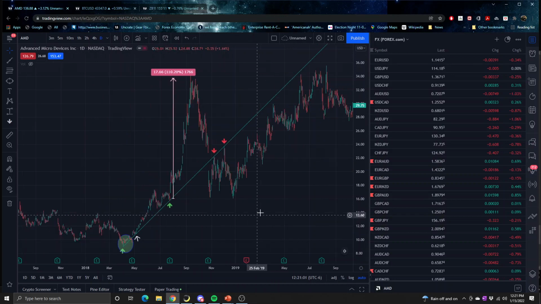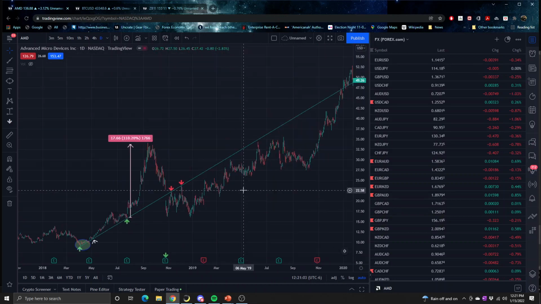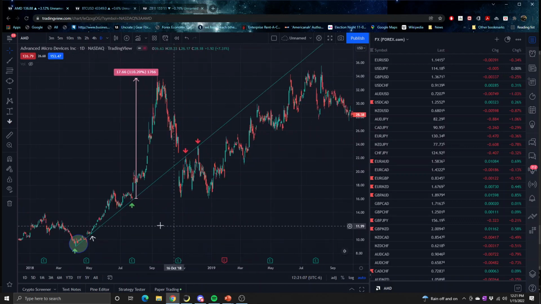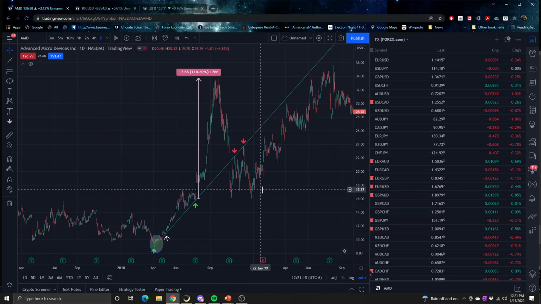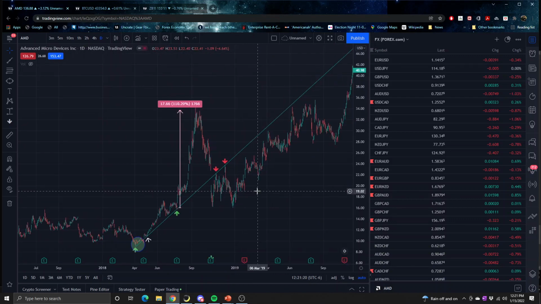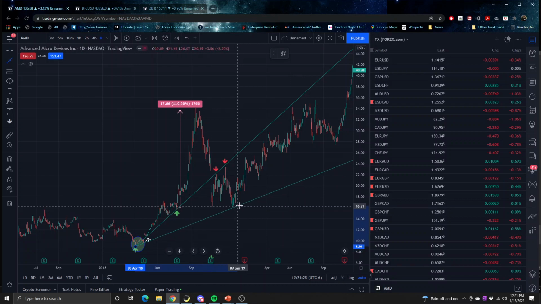Now, if I were to look at other spots, and this brings me back to my original point that I didn't think that right in here was sufficient enough time. If I were to pick another point now that I'm looking at AMD for a trend line, I may pick here. This point has a lot of time between it.